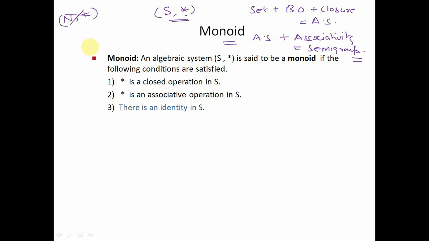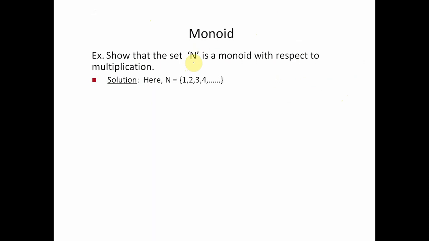So this will not have any identity element. So if the algebraic structure plus associativity also has an identity element, then it is said to be a monoid. Let's verify that the set of natural numbers N is a monoid with respect to multiplication.